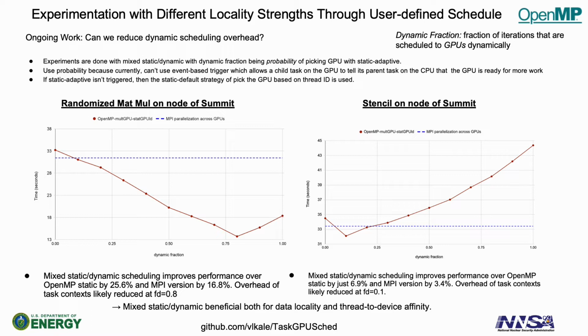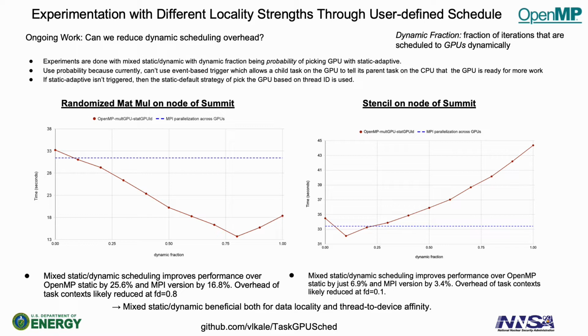And so we use this methodology, and we run it on Summit with randomized matrix multiplication, a load-imbalanced code, and a load-imbalanced stencil code, which we showed earlier. And we see basically that the dynamic fraction is different for these two applications.